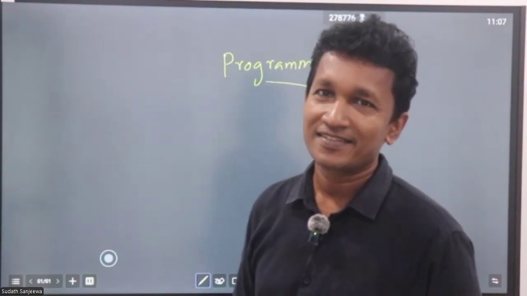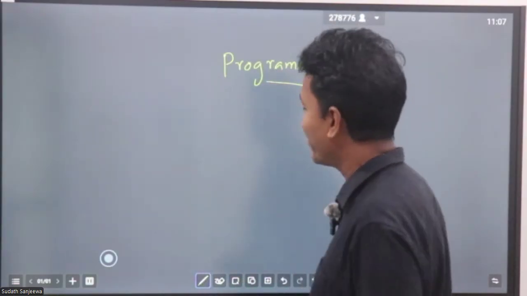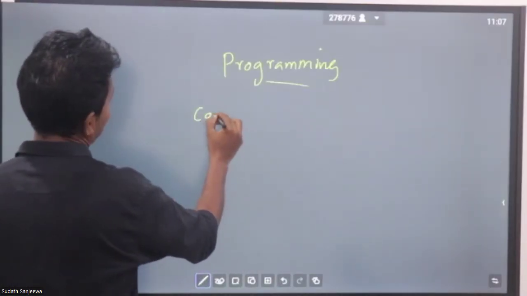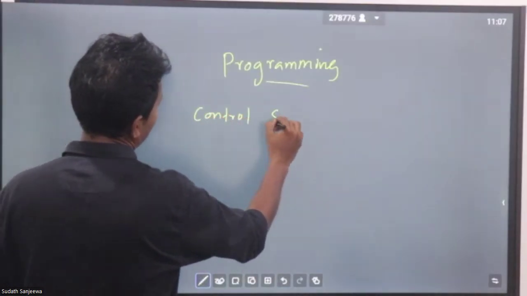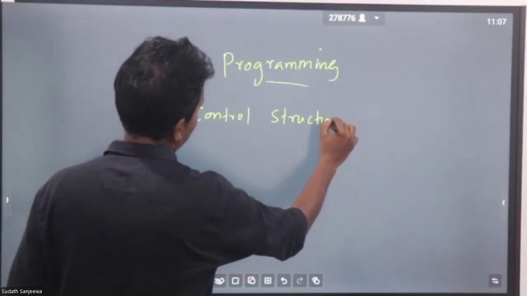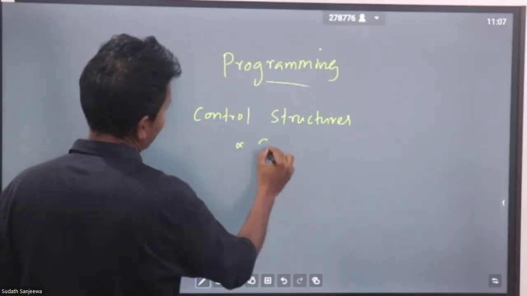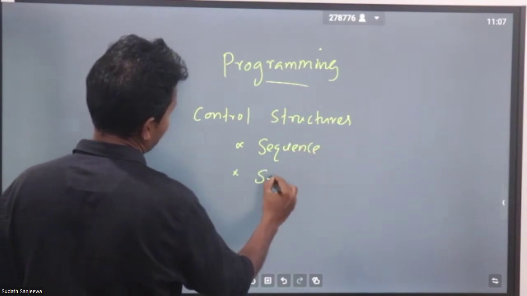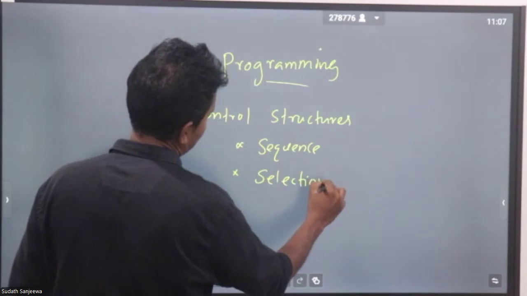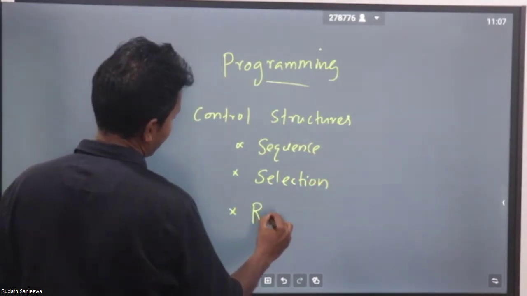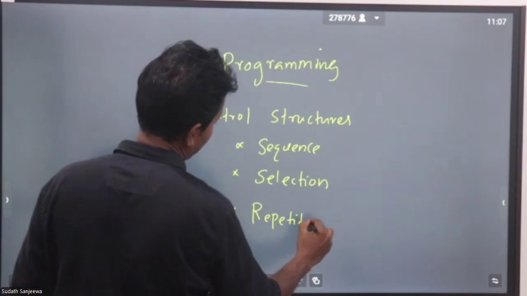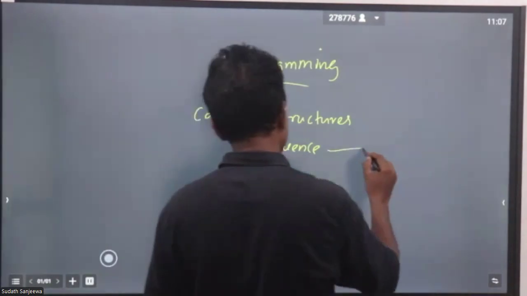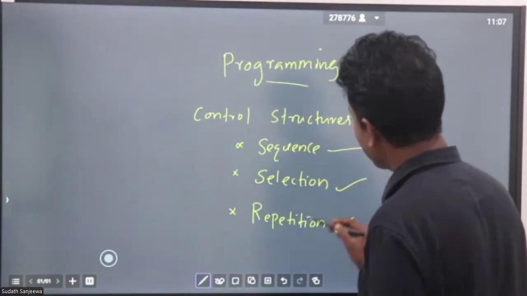About the three control structures: sequence, selection, and repetition, right? We discussed these things. What is the sequence? What is the selection? And what is the repetition?